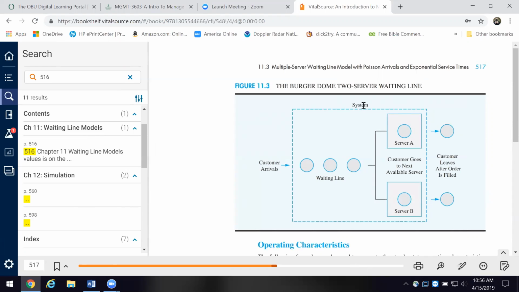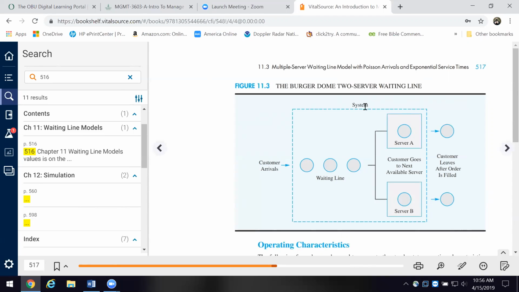Now, the system, that boundary there, the little hash marks, tells us that we're dealing with two kinds of critters. One, the customer arrival, we really don't have too much control, if any, over that. And so we're always concerned about what's controllable and what's not.